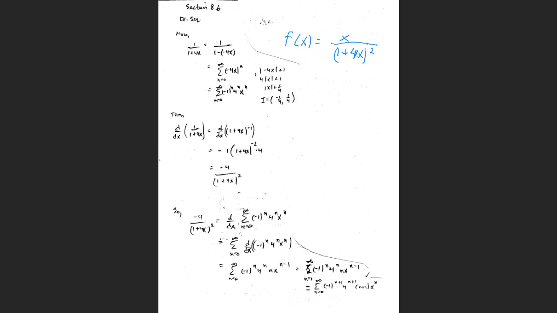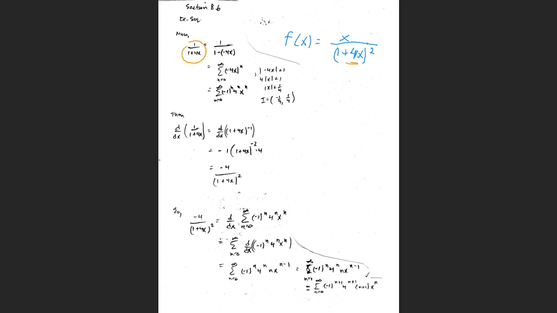I know that 1 plus 4x down here is going to be something I'm going to have to deal with. So I'm going to just look at the function 1 divided by 1 plus 4x.